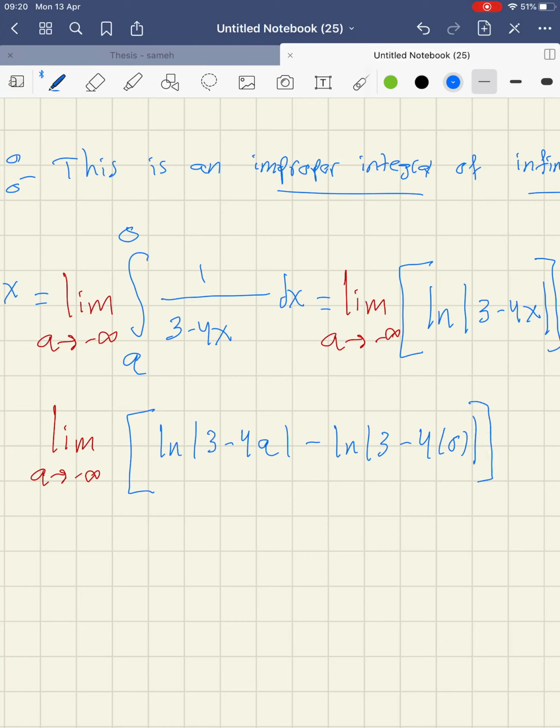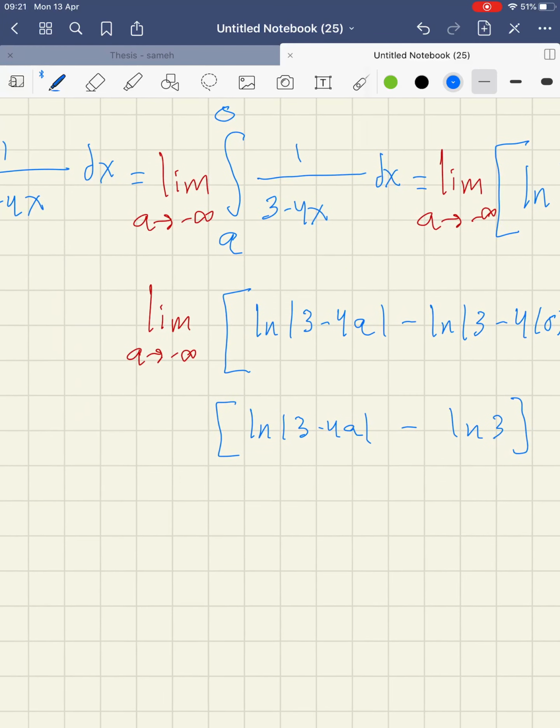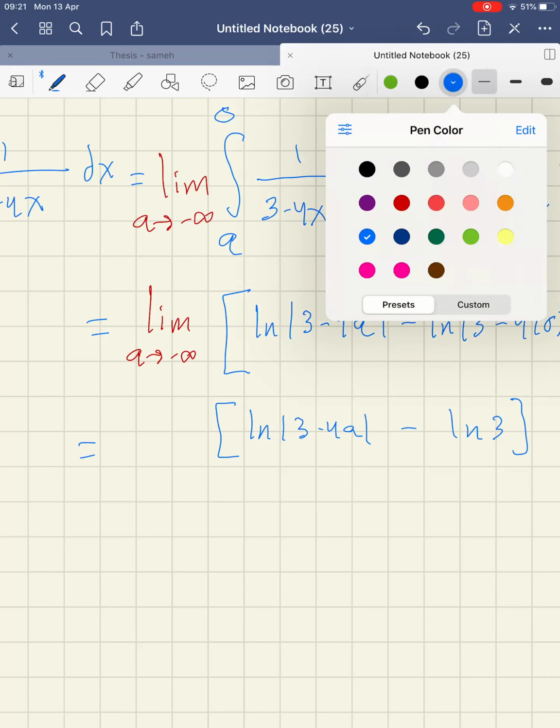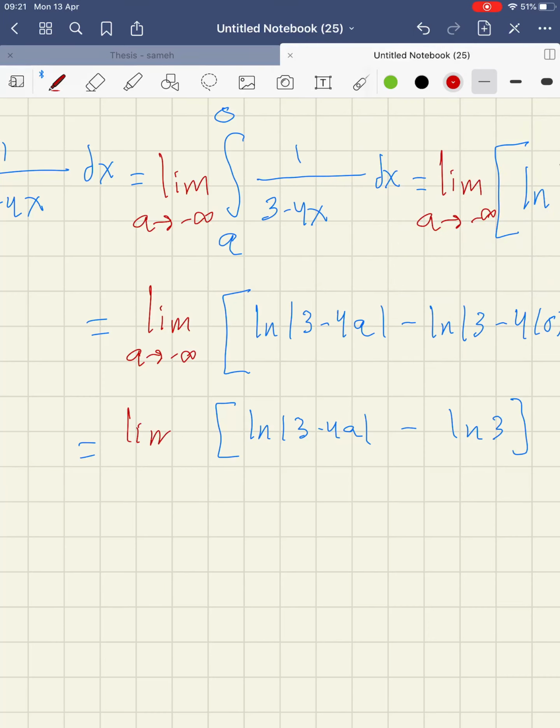Now if you evaluate this one, this will be ln 1, ln 3, and that's what we would get, ln 3 minus 4a minus ln 3. Of course, we don't forget the limit. Which is this one.